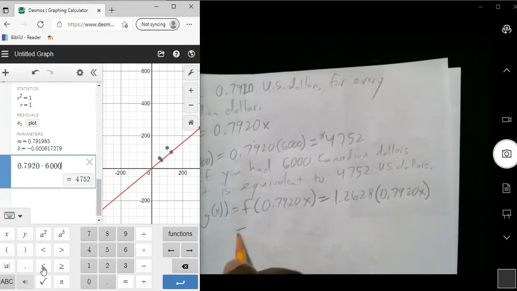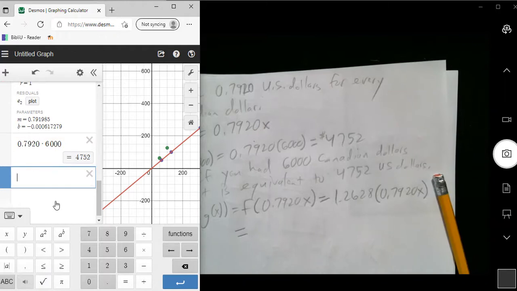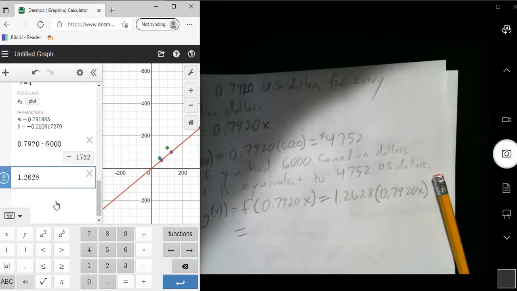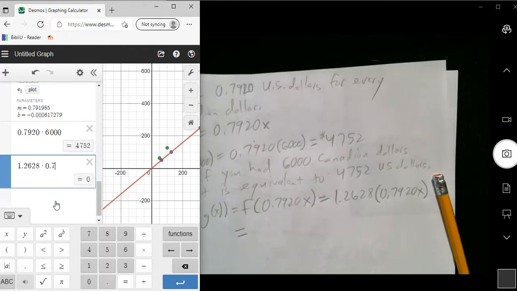Now, when we multiply this, of course, this is going to be an approximation, but if we take 1.2628 and then multiply it by 0.7920, you see that it has 1 in all of these zeros, so it's approximately 1.